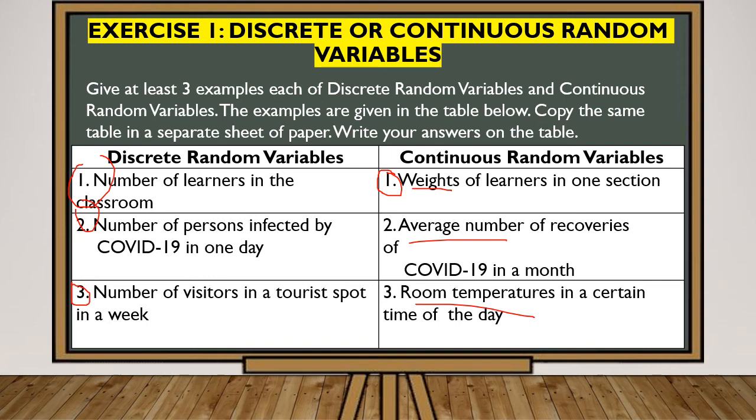Room temperature is continuous because it can take values between two numbers, because you can have 38.5 degrees Celsius. So you give your own three examples.